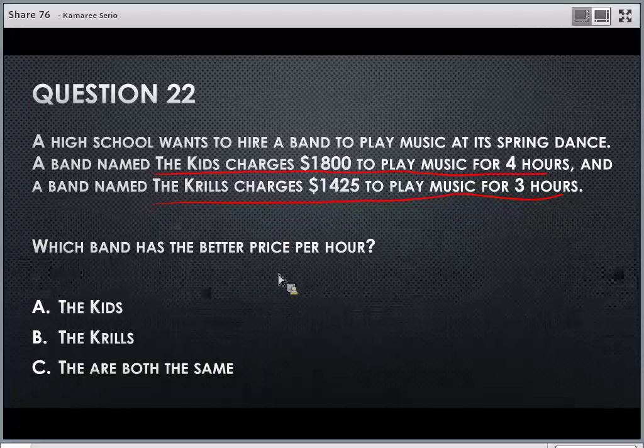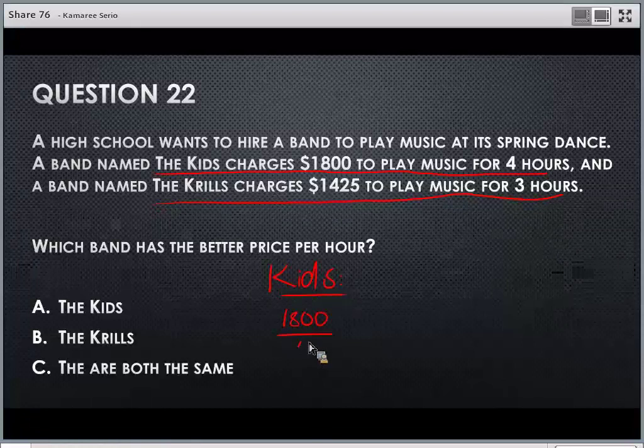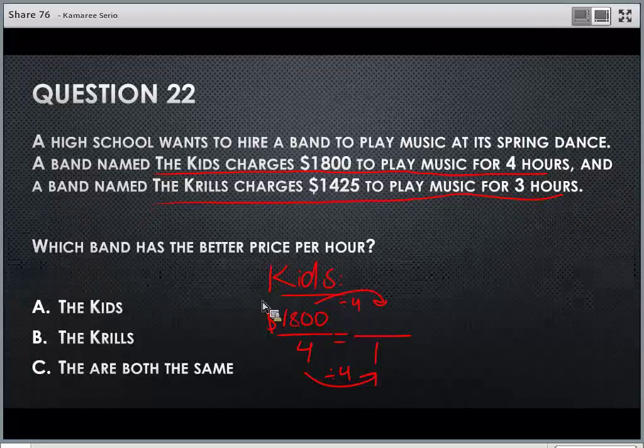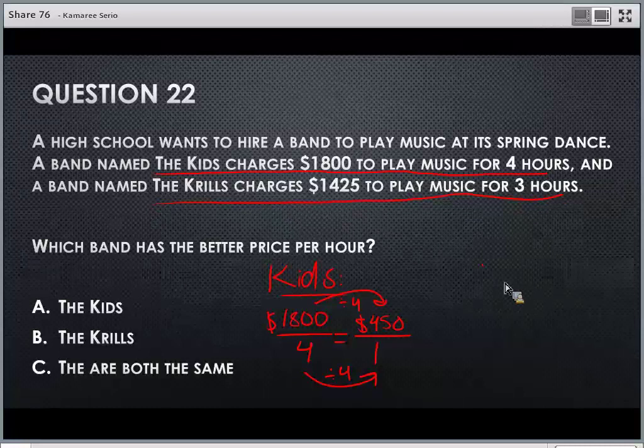All right, so let's look at the Kids here. They charge $1,800 for 4 hours. Remember, money always goes on top, guys. Money is always on top. And divide by 4. So if I do 1,800 divided by 4, this is 450. Now, if we do the Krills, they charge $1,425 every 3 hours.